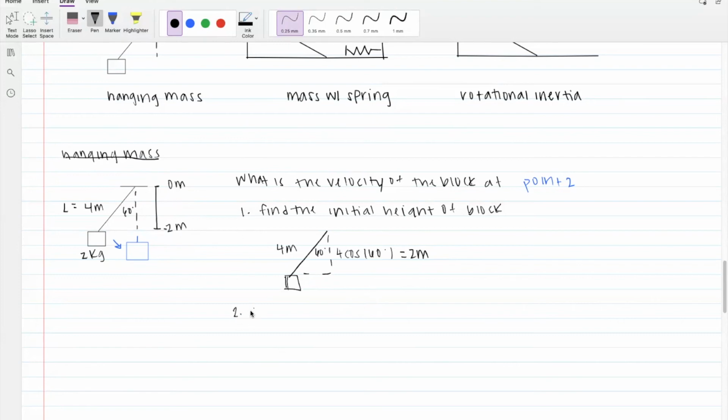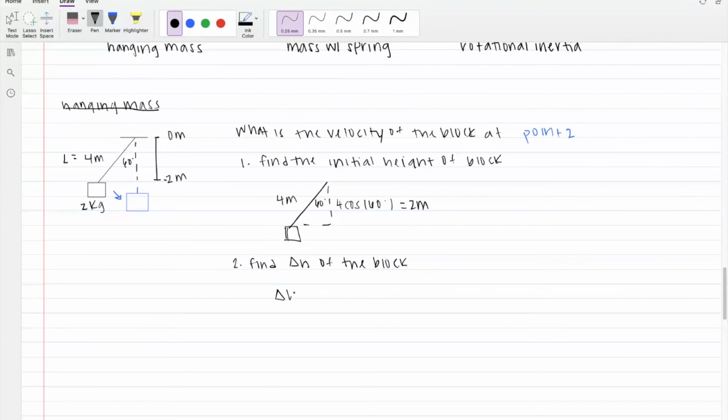Now let's find the change in height. So we'll have delta H is equal to height final minus height initial. Our initial height was negative 2. And if this block goes all the way down, this string will also follow.